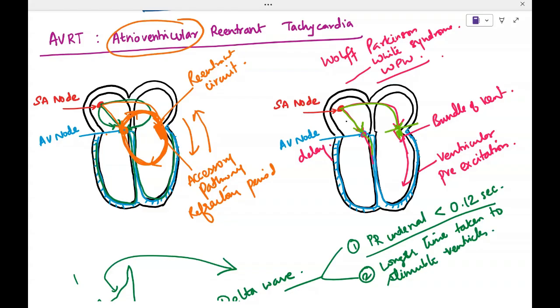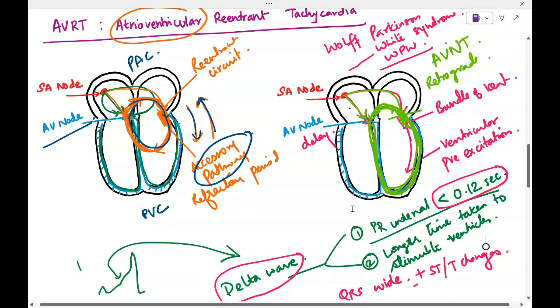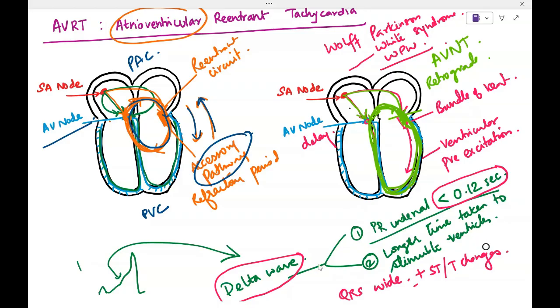Now the impulse will go through the AV node to the ventricle, but by the time it reaches the bundle of Kent, it is no longer in the refractory period. So this impulse will go in the retrograde direction through the bundle of Kent, and it will excite the AV node, and then go through the AV node to the ventricle, then again through the bundle of Kent. This is how AVRT happens in WPW syndrome. So for AVRT to happen in WPW syndrome, we need a premature atrial contraction.